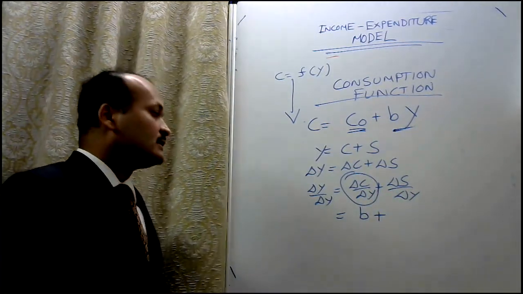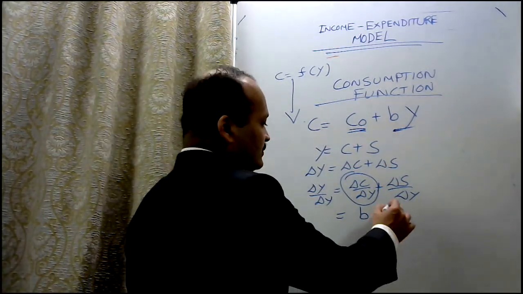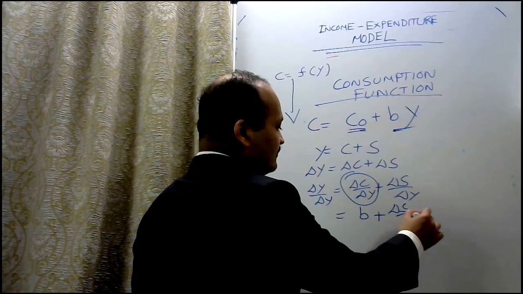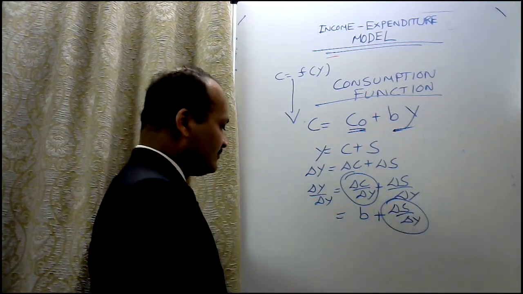How much of the additional income I am channelizing into savings, which is del S by del Y.